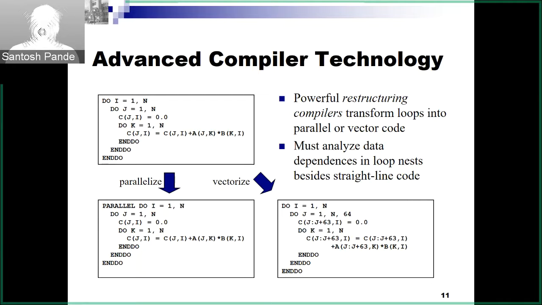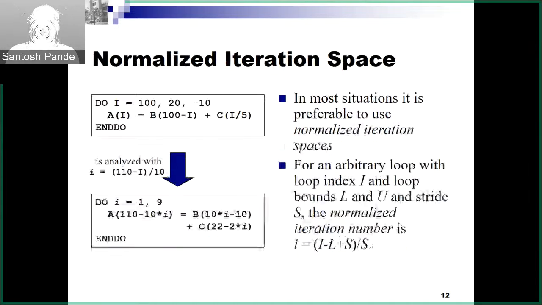But the question is, in a given direction, can we do it legally? And that's the question which data dependence analysis answers. So how does it do it? Let's get started on that particular front.